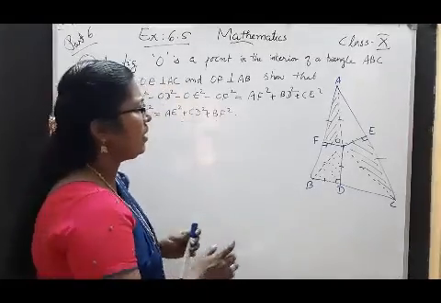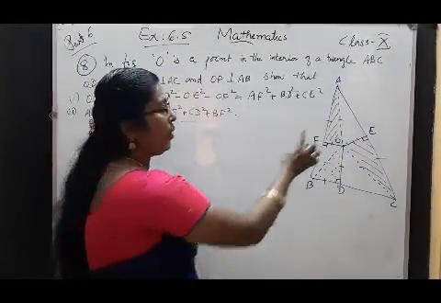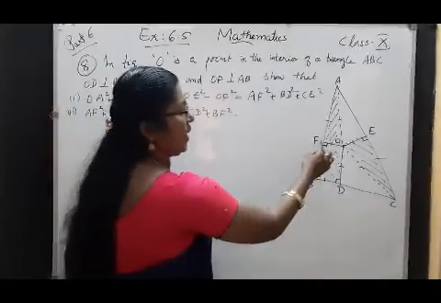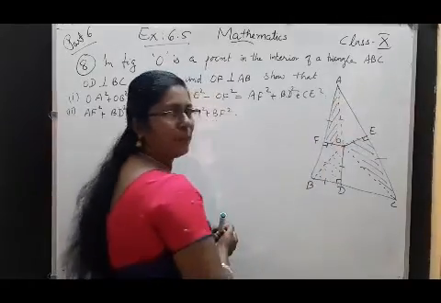Okay, then what about the triangle AOF? AOF is a right angle triangle, right angle at F, and OA is the hypotenuse.